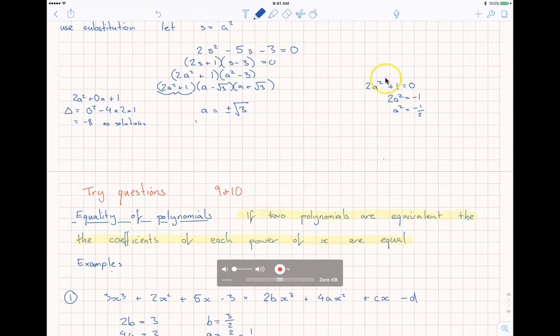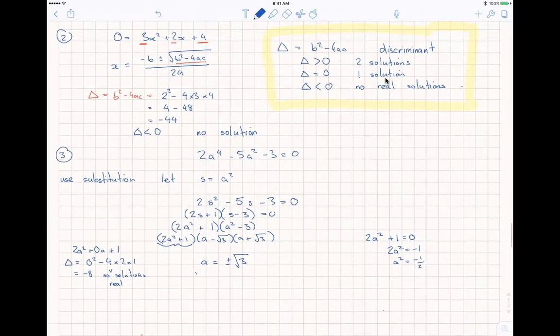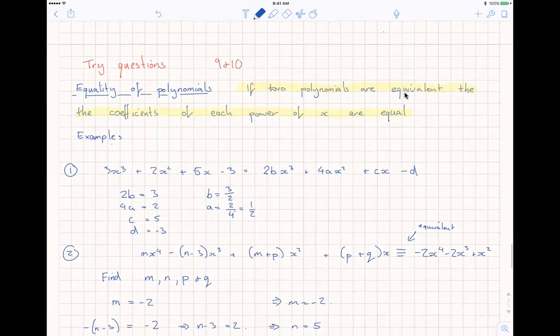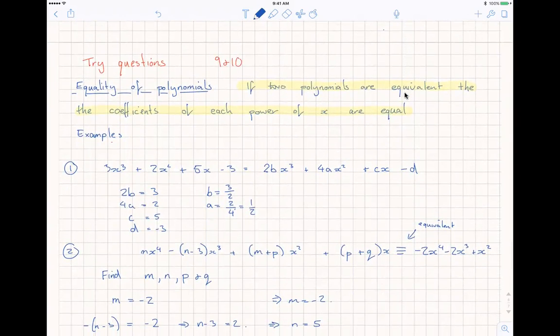I should write that: no real solutions, which I did write up here. Because if we were going into the complex number system, there would be solutions, but we don't deal with that in maths methods. So you can try questions 9 and 10 from exercise 1.2, and then we'll continue on with equality of polynomials.